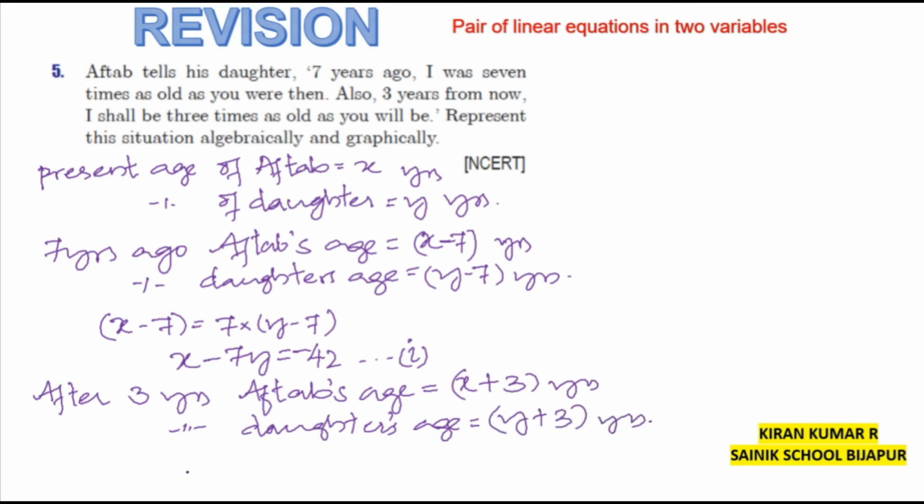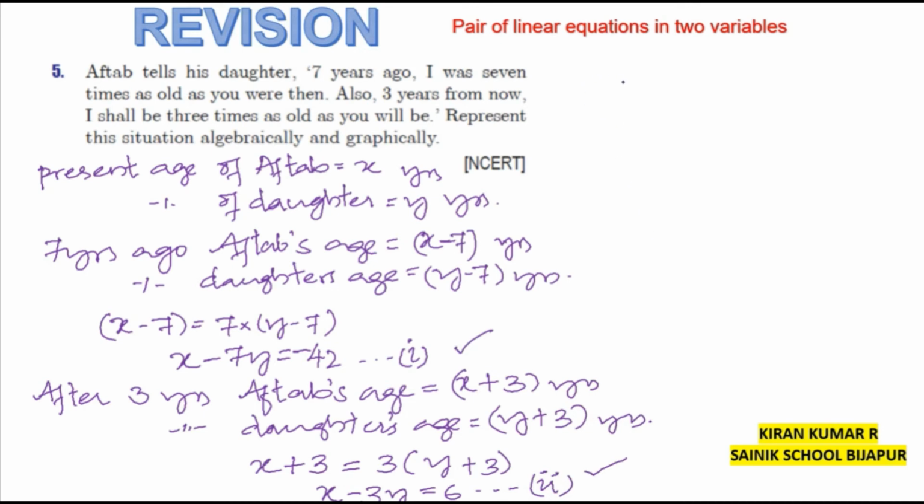According to the condition, father's age will be 3 times the daughter's age 3 years from now. So x plus 3 will be equal to 3 times (y plus 3). Let us simplify this. We get the equation as x minus 3y equal to 6. So algebraically we have represented the two equations.